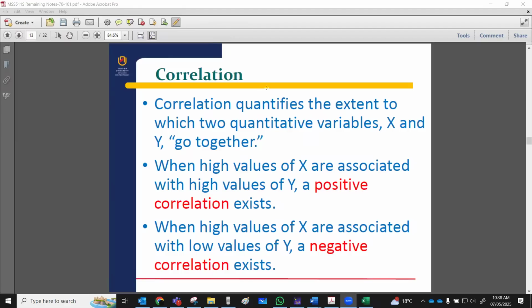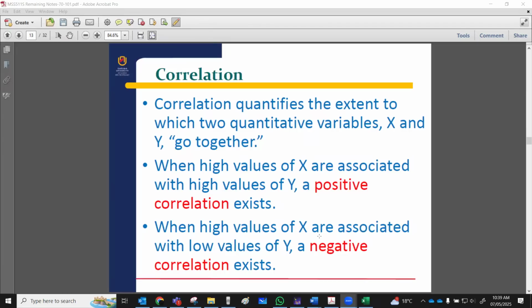Now, the next thing we look at is correlation. So with correlation, we want to see if two variables, x and y, go together. So we ask ourselves, if the first variable x has high values, does it mean that y also has high values? That would mean that there's a positive correlation.